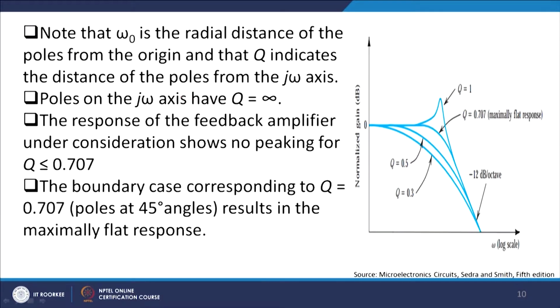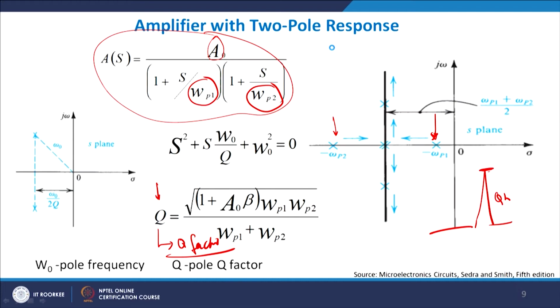Now note that omega 0 is the radial distance of the poles from the origin, and Q indicates the distance of the poles from the j omega axis. It is quite interesting that in my previous slide, if you look very carefully, for a 2-pole response, as I discussed with you, you have one at minus omega p1 and another at minus omega p2 on the negative side.